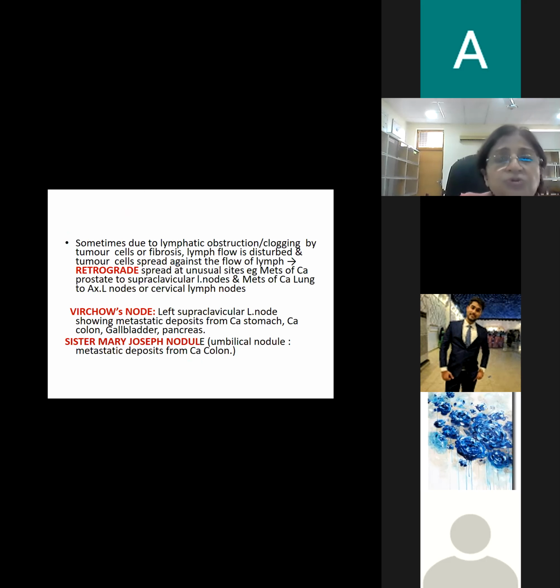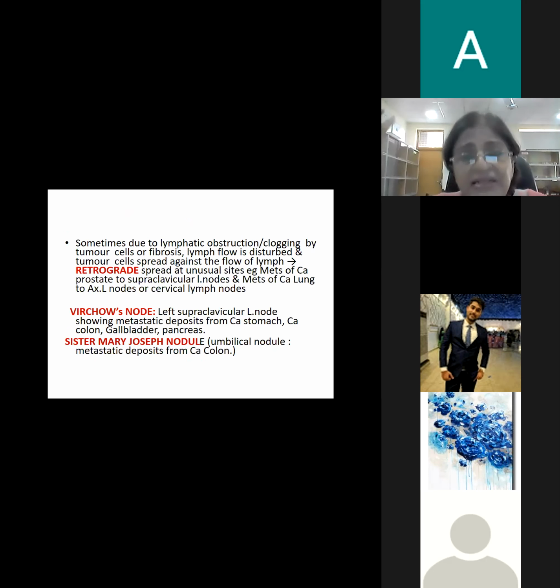Now sometimes due to obstruction of the lymphatics as a result of clogging by tumor cells or fibrosis, the lymphatic flow, which normally goes unidirectionally in a channel, gets disturbed, and the tumor cells start spreading against the flow of lymph, which is known as retrograde spread.